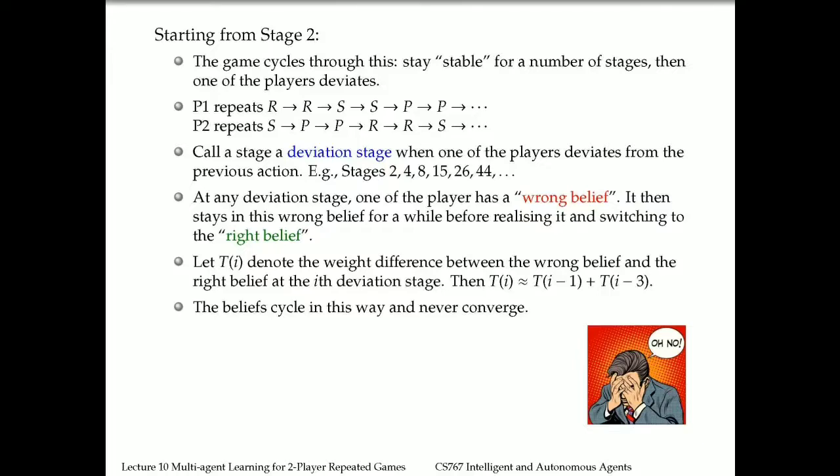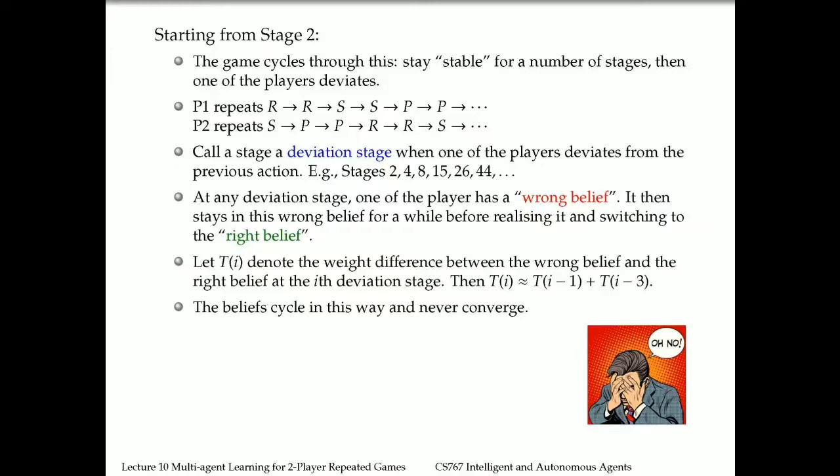To analyze it even more closely, we let Ti denote the weight difference, the difference between the weights of the actions, between the wrong belief and the right belief at the ith deviation stage. Then we can derive a rather simple recurrence relation: Ti is roughly the same as Ti-1 plus Ti-3.